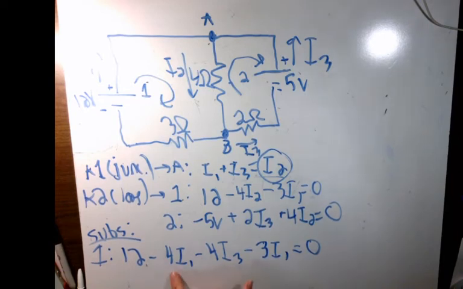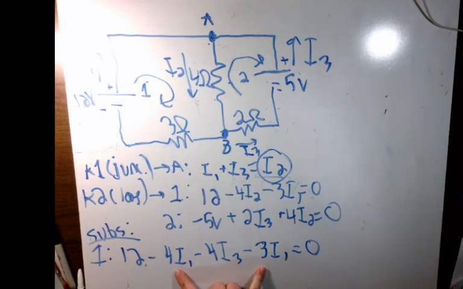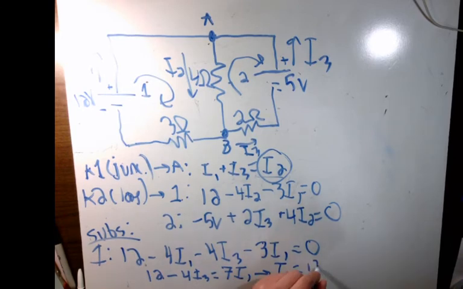So 3 plus 4, negative 7 I1, bring it to the other side. We get 12 minus 4 I3 is equal to 7 I1. We can go one step farther and solve for I1, which is 12 minus 4 I3 over 7.